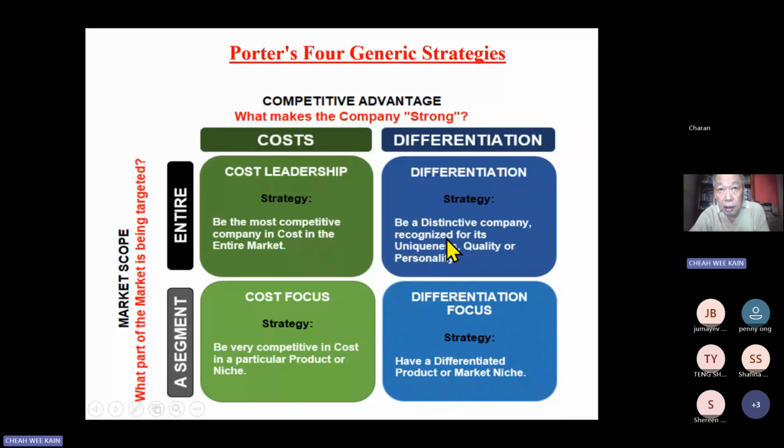Distinctive. American with the green logo. So differentiated. Now, how do you determine which one to go for? That's the problem with this kind of strategies. It tells you what you should do, but it never tells you what strategy to make. Making strategies under the factor evaluation method just now is looking at opportunity and strength. This is looking at what you want to do without understanding your TOWS. That's the problem.